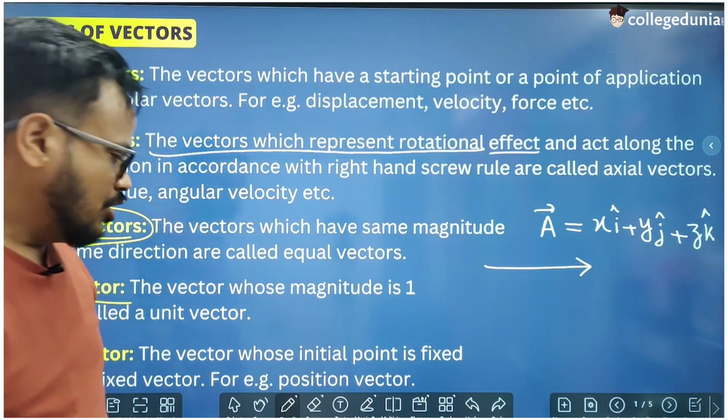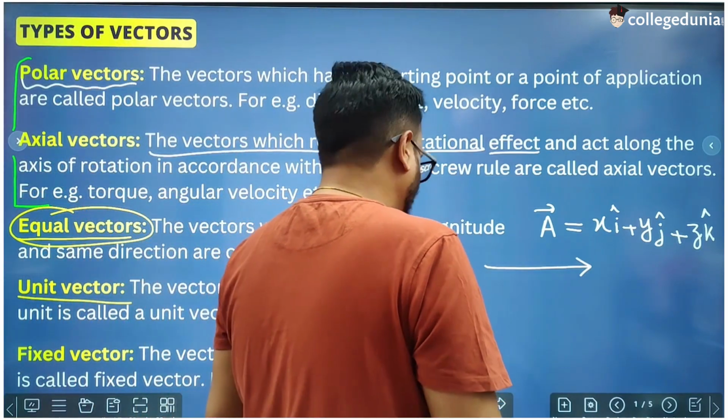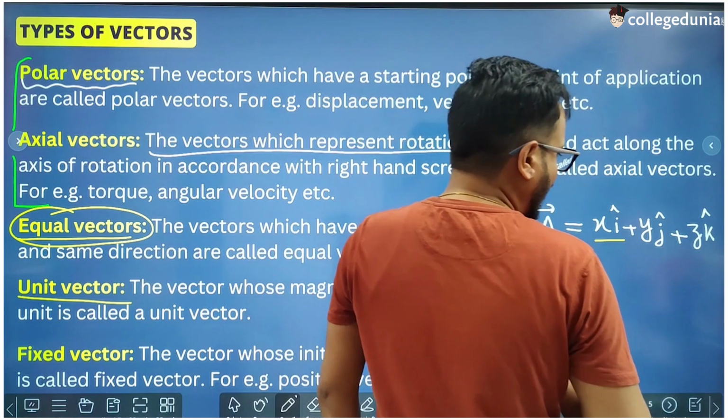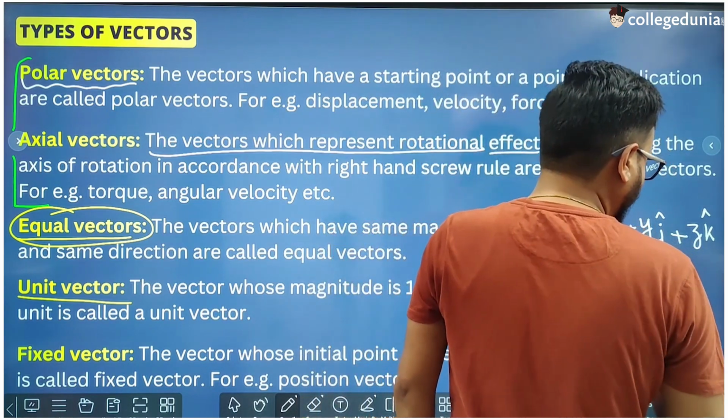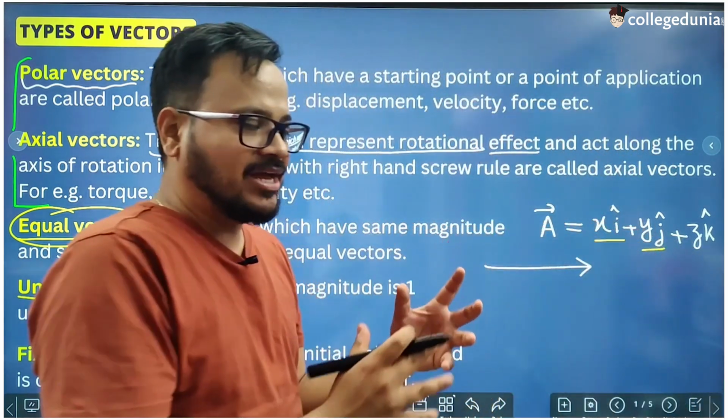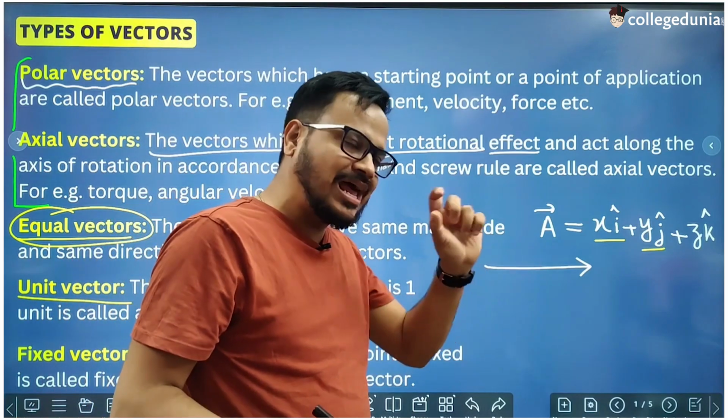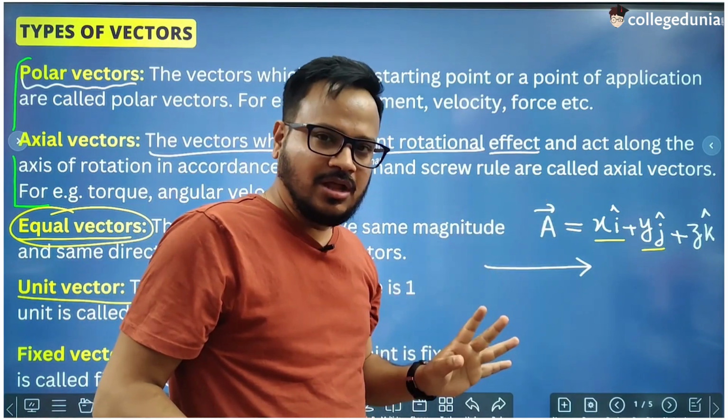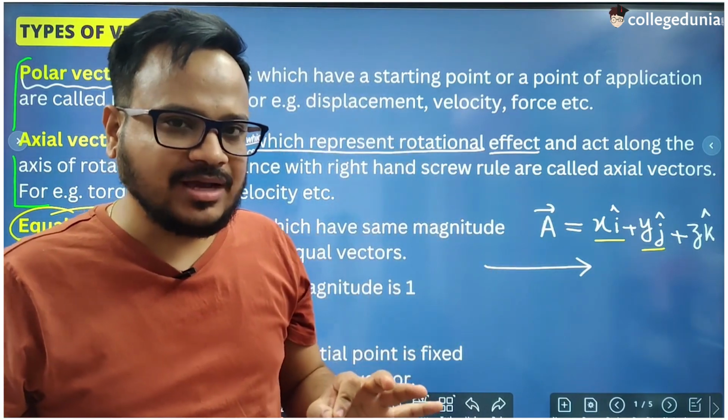respectively, right? So the magnitude of this vector along x axis is x and the unit vector along x axis is i cap.